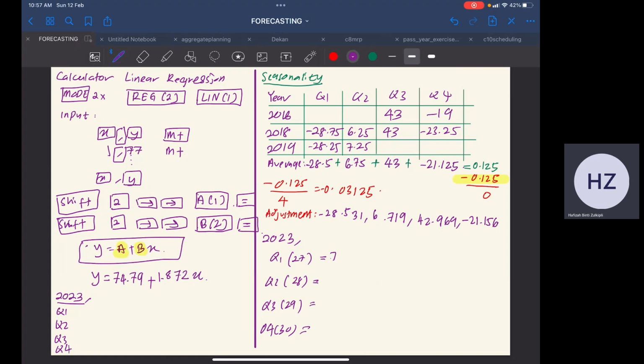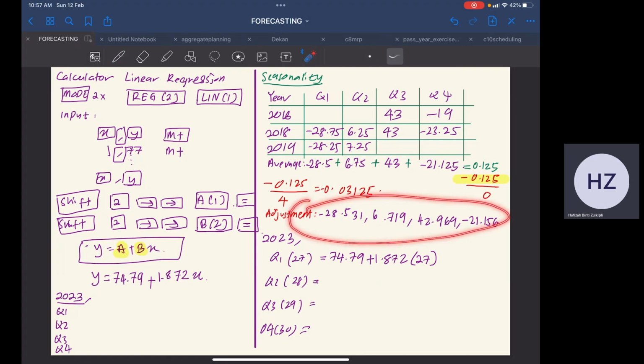So we have 74.79 plus 1.872 times X, where X is 27. And then you have the adjustment above here. We need to add the adjustment value for each quarter.